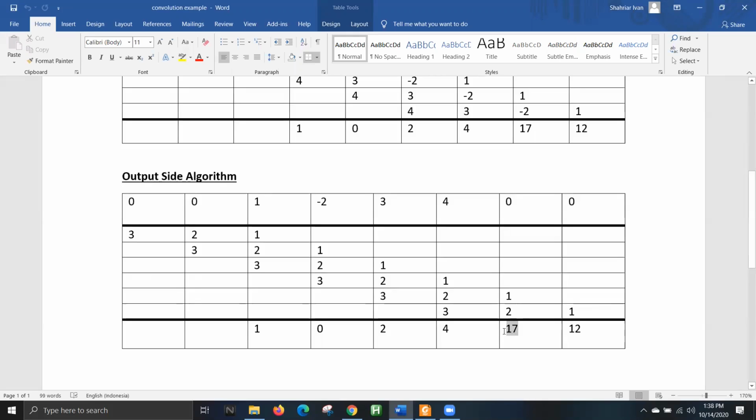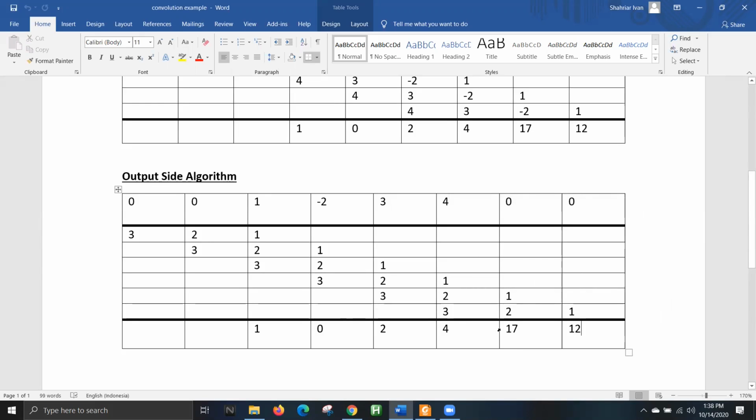But for 17, again, not all the values of the impulse response line up with the input signal. As you can see, 1 does not line up with anything from the input signal, so here we have to pad in the values. 2 and 3 line up with 3 and 4, and here 2 and 1 both do not line up. Only 3 lines up with 4.